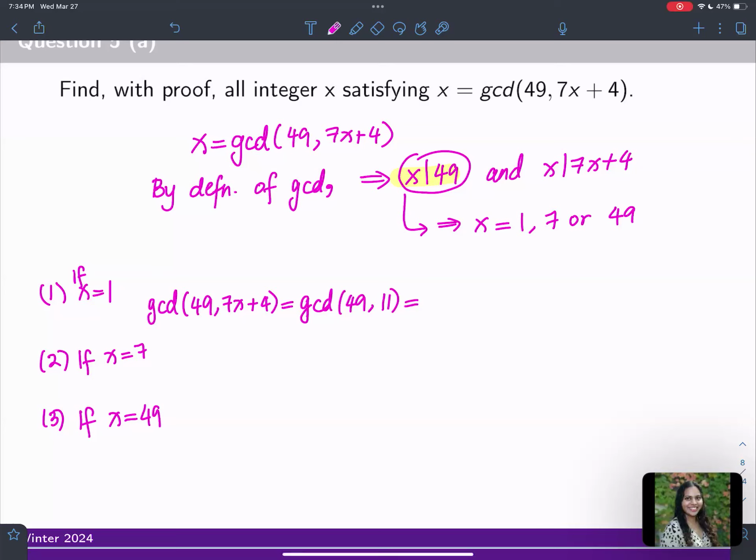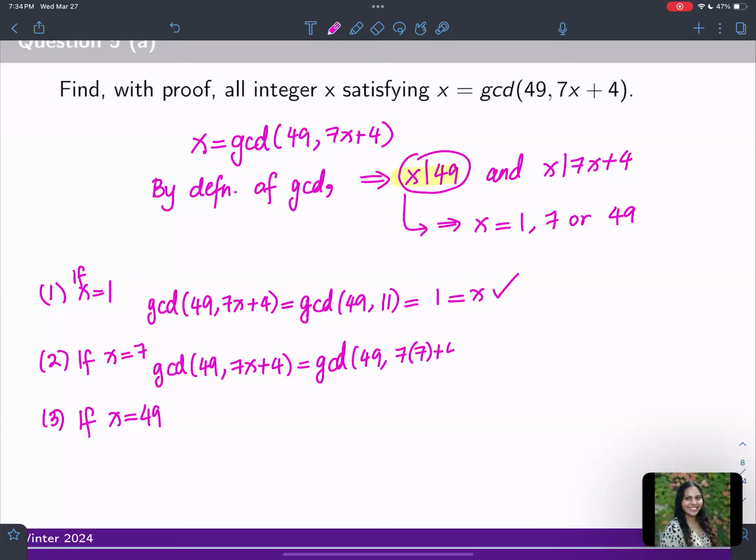What's the GCD of 49 and 11? 1. Yeah, they have nothing in common, which is x.